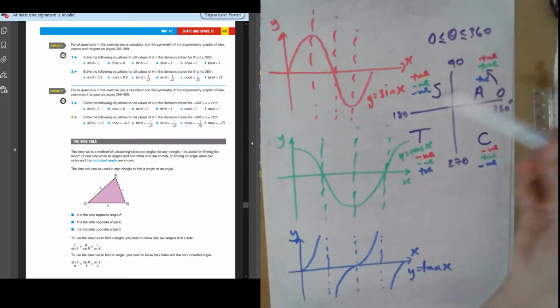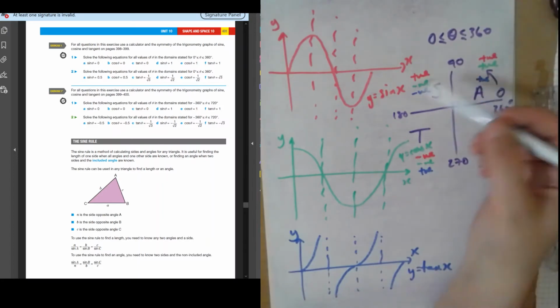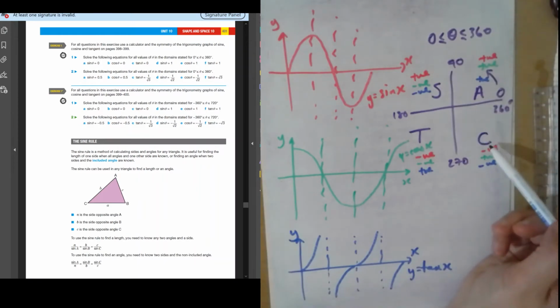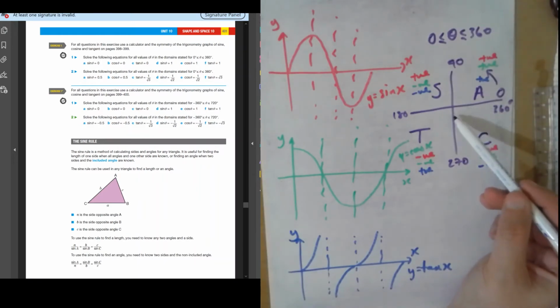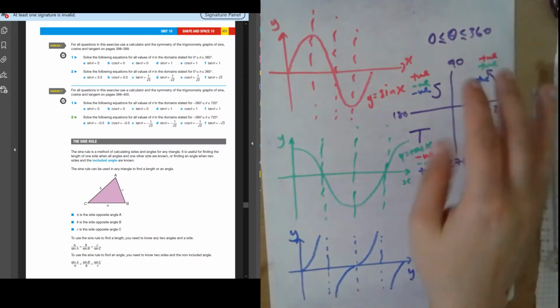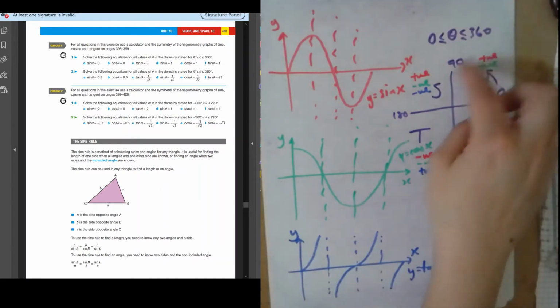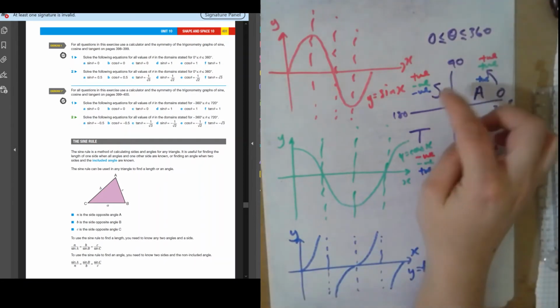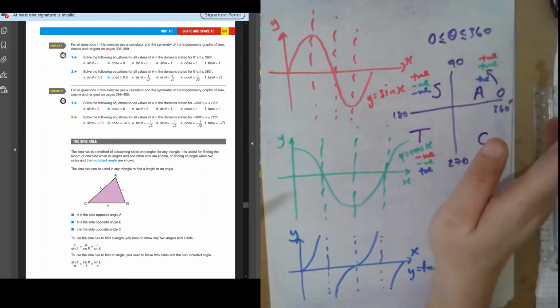This is the reason why it's called a cast diagram. When you are using this diagram, if I have an angle in here, the cosine is positive, but none of the other trig functions are. Up here, all of them are positive. If I have an angle in here, only sine is positive, the other two are negative.